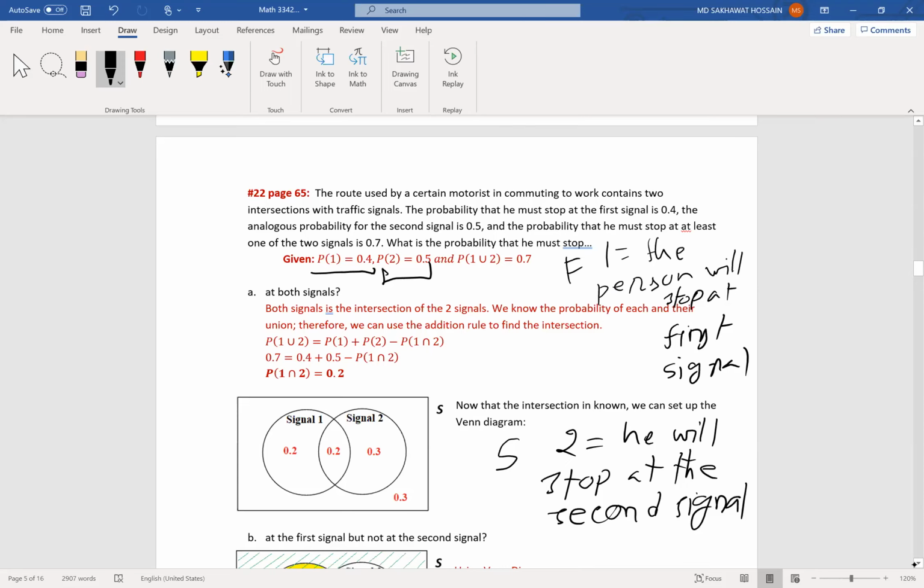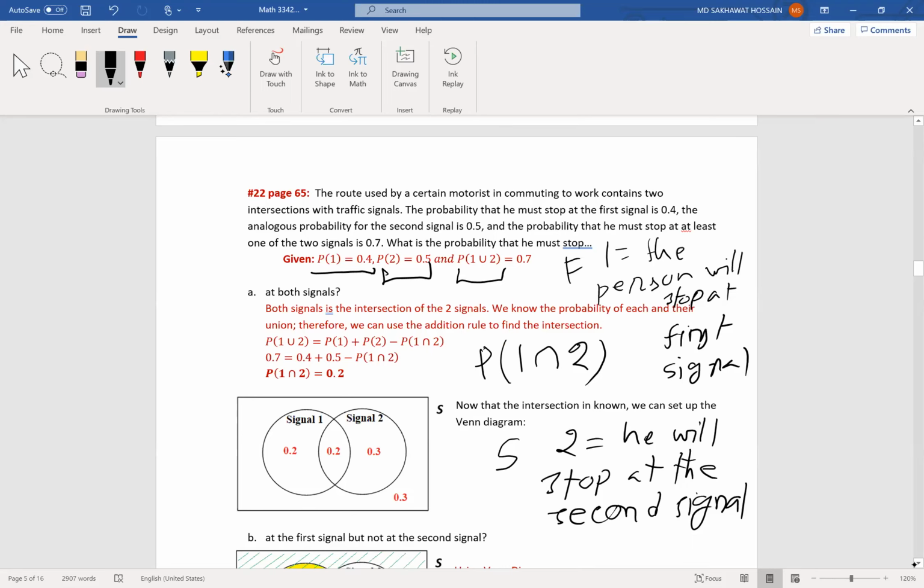So that means the probability of 1 union 2, which is 0.7. Now we have to find the probability that the person will stop at both signals. So that means he will stop at signal 1 and also stop at signal 2. So we have to find the probability of 1 intersection 2, or 1 and 2.